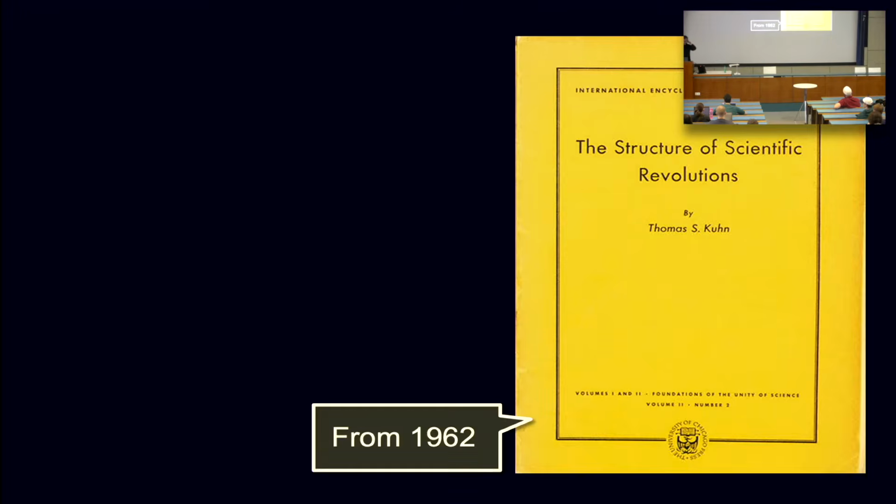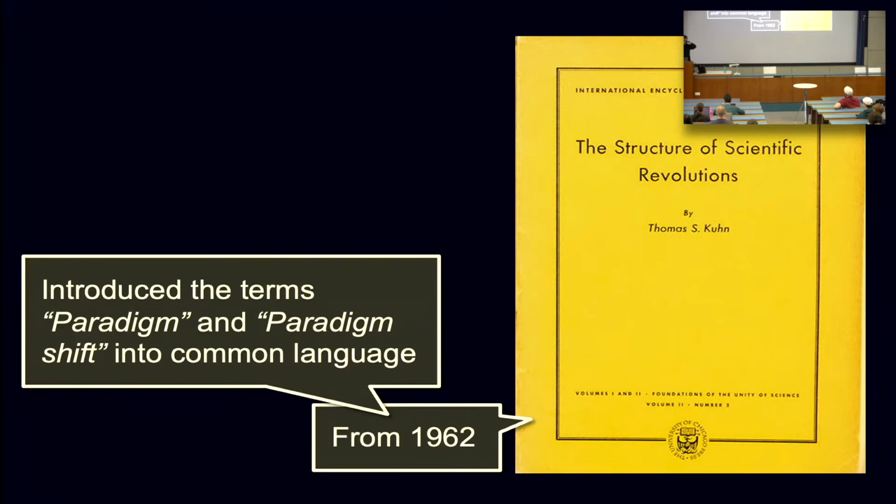The second reason is that we're actually going through a big paradigm shift. Hold up your hand if you know this book, The Structure of Scientific Revolutions by Thomas Kuhn. This is a pretty amazing book. It was written in 1962, and it introduced the notion of paradigm shift.